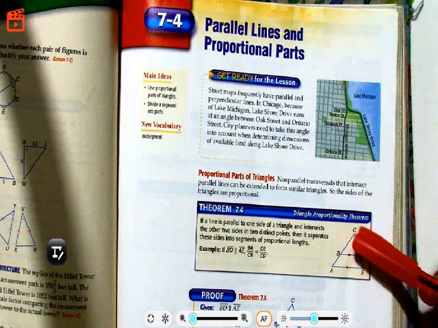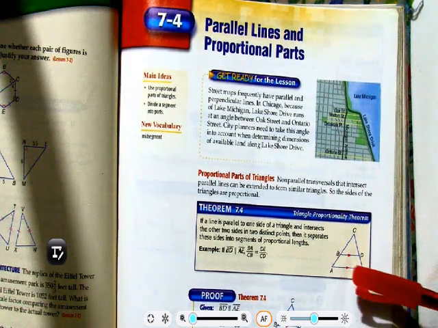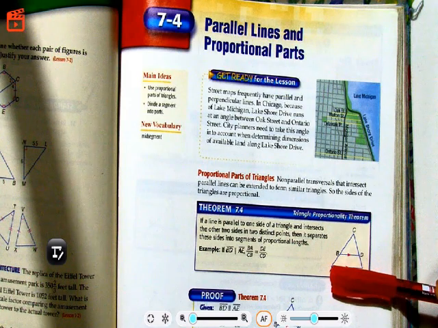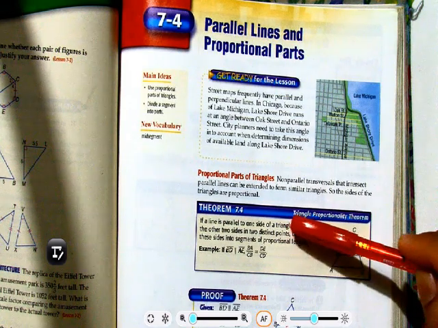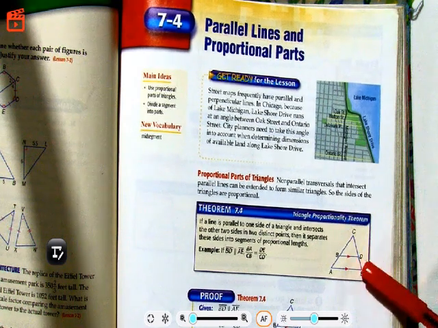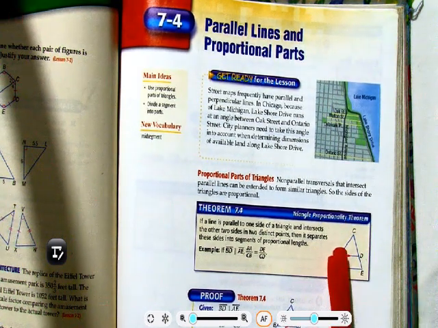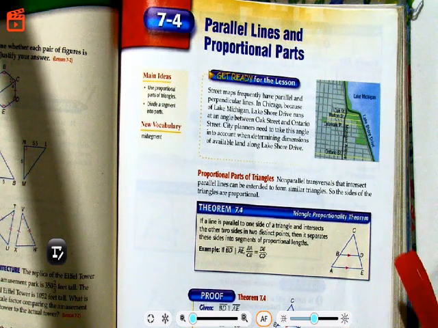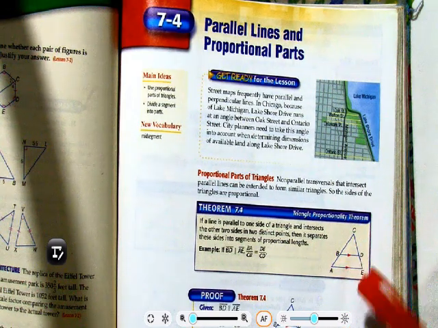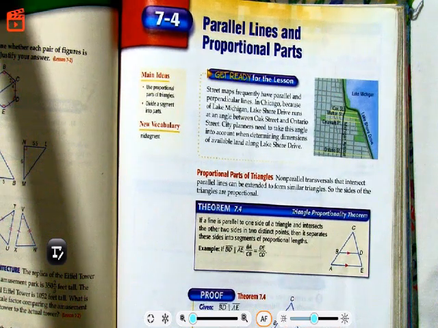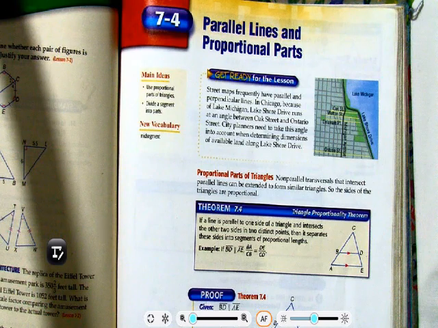The side it is parallel to is this one, so you're left with these other two sides. It goes from one side to the other. Then if these two lines are parallel, it separates these sides into segments of proportional lengths.